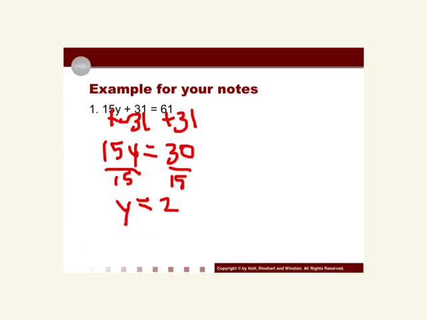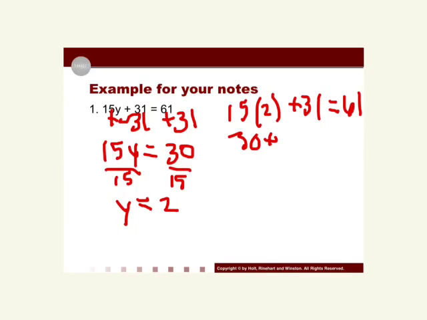To check that, we'll plug that back in. So 15 times 2 plus 31, does that equal 61? Well, 30 plus 31 equals 61. So then we know that that's the answer.